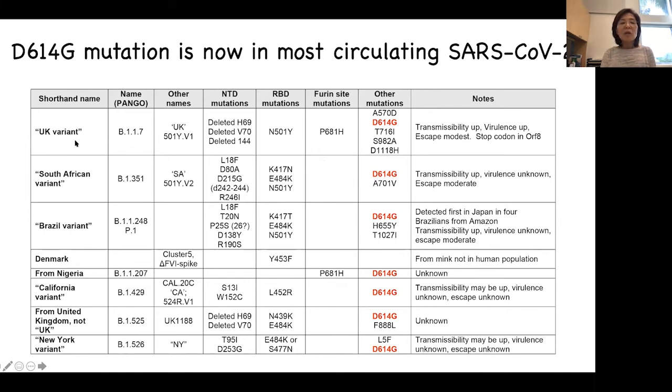When you look up, for example, the UK variant and the mutations they carry, D614G is not mentioned at all, because now they consider G614 as wild type. So that's not even counted as a mutation. What I'm saying is that G614 is not an old story.